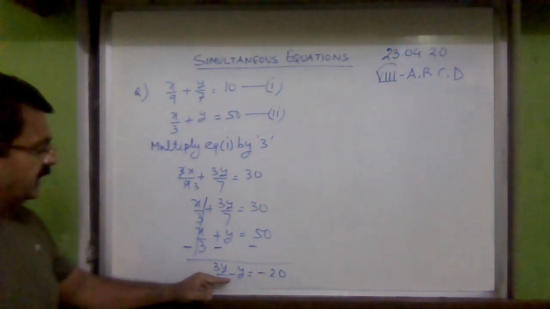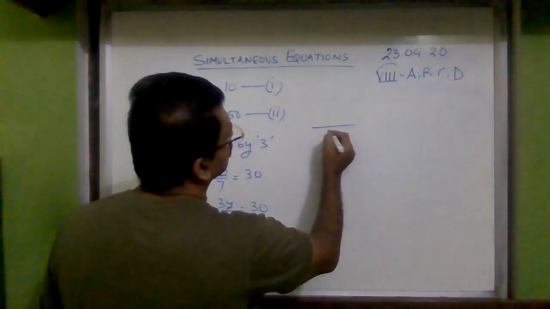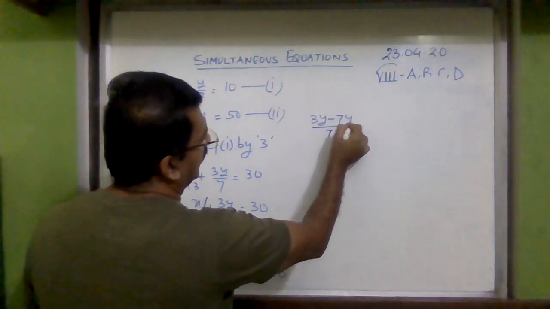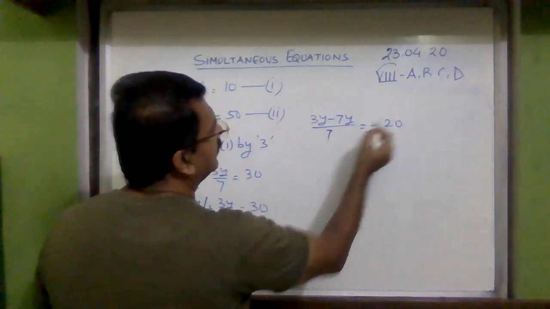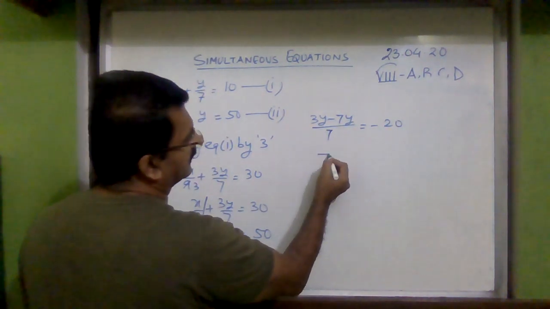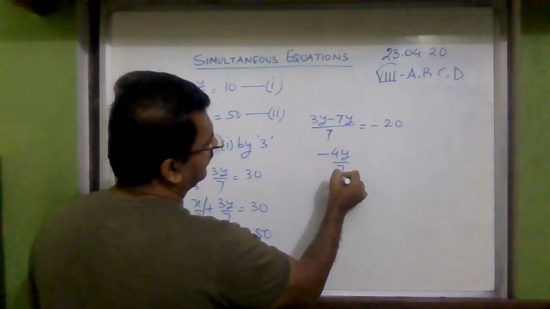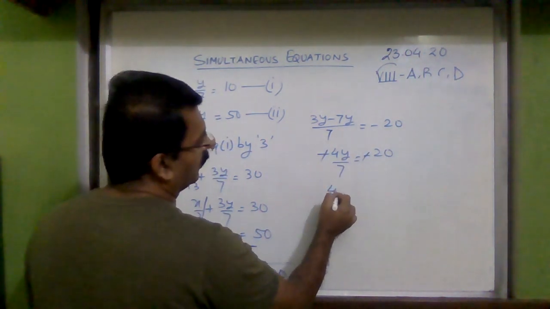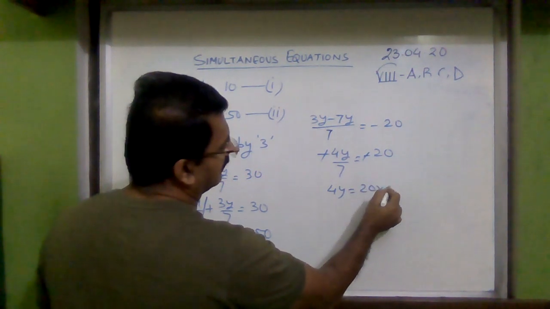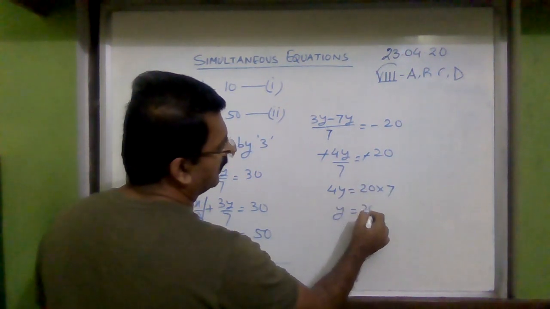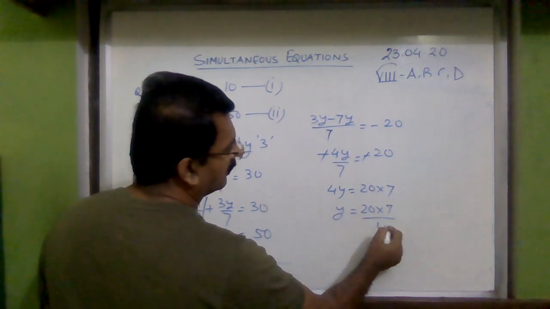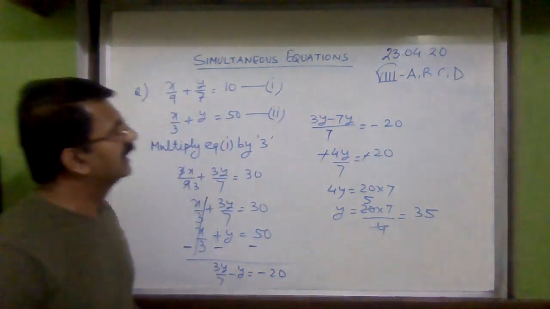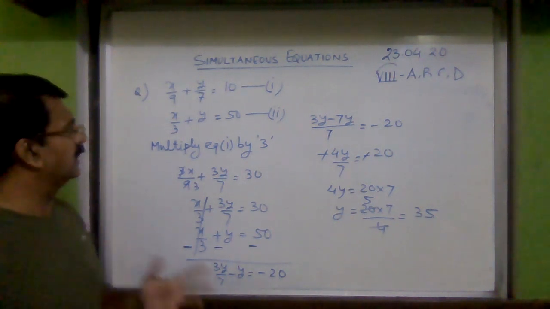Now here you take 7 LCM and it will be 3y minus 7y is equal to minus 20. 3y minus 7y will be minus 4y by 7 is equal to minus 20. Minus minus cancelled. So 4y is equal to 20 into 7. So y is equal to 20 into 7 upon 4. 4 5s are 20. So y is equal to 35. You can see the value of y is 35.